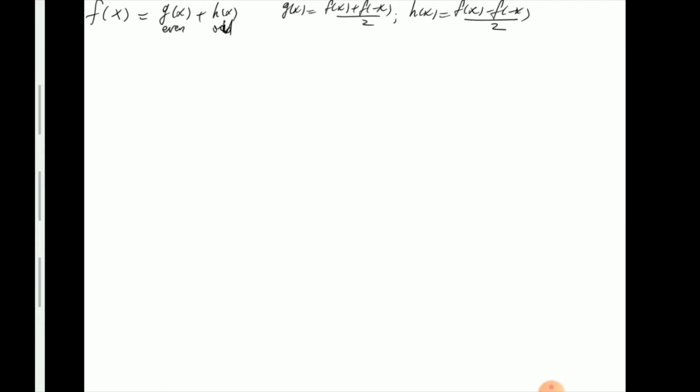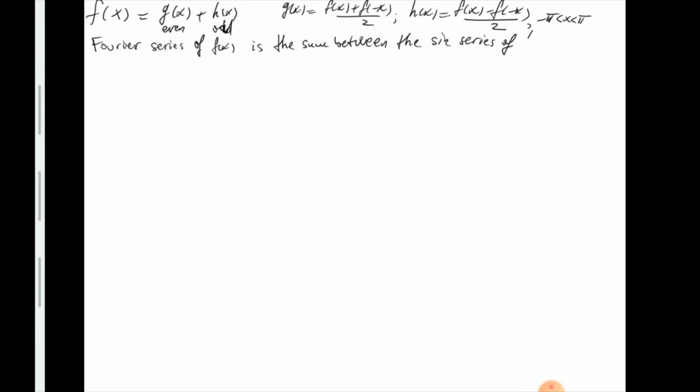So let's say again, just like before, that x is between minus pi and pi. If I want a Fourier representation, by definition the Fourier series of f of x is simply the sum between the sine series of h of x and the cosine series of g of x.